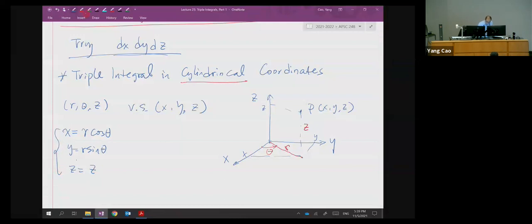And sometimes if it helps, you can think of this. At this location P, you can draw a small coordinate system in the direction of R. Okay, so this is the radial direction. You can establish a unit vector.